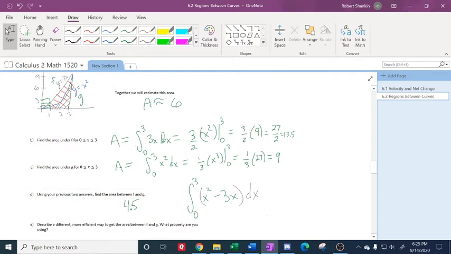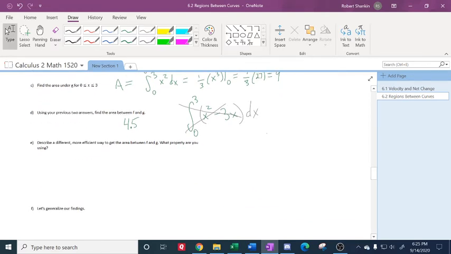And what's wrong is, let's look at which one is the upper function. The one that's going to give you too much area is the 3x. That's got to go first. And then the one you subtract off is this. And that's the way we did it, 13.5 minus 9. So you're on the right track. But the order is really important here.